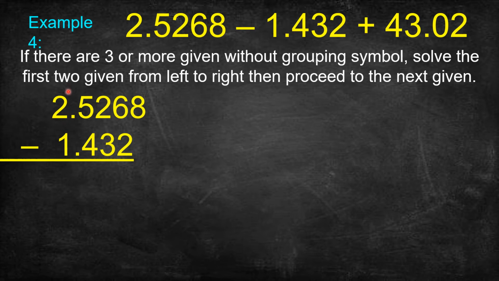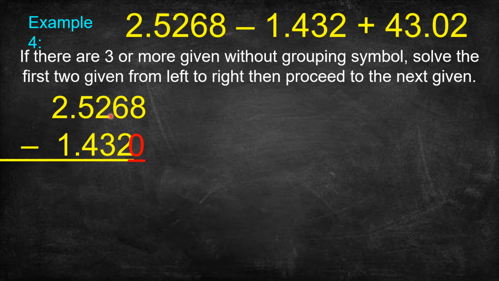So, dahil yung una nating given has 4 digits in the decimal place and yung ating second given number, we have 3 digits. So, meron siyang space dito sa pang 10,000 na place value. So, we are going to add 0. And then, after you add 0, we can now subtract.